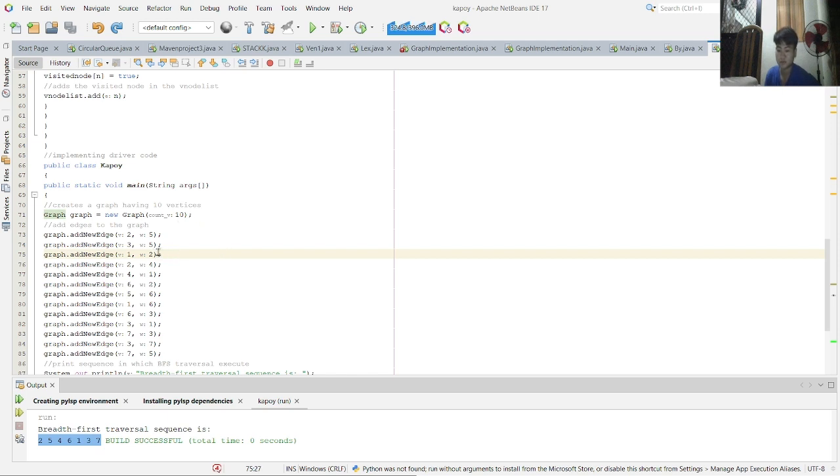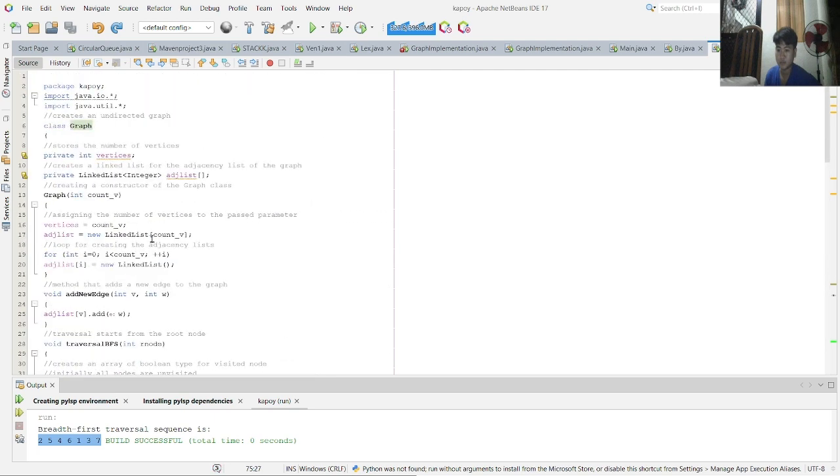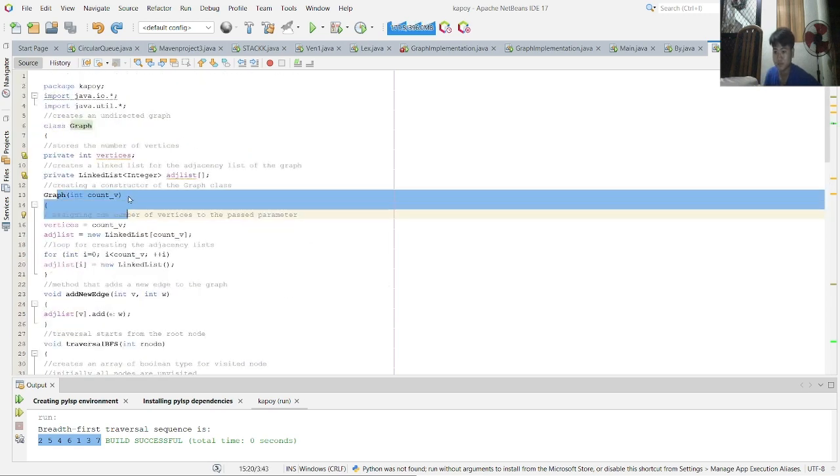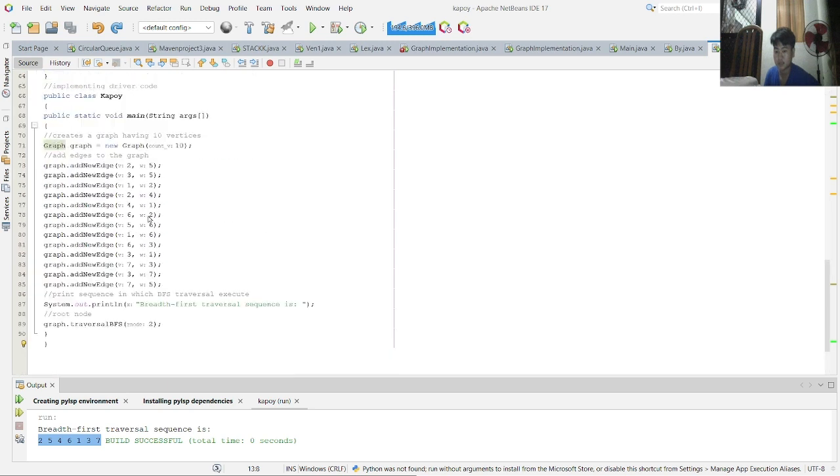Then this triggers our constructor, which is this Graph, triggered here. Then these add new edge calls follow.